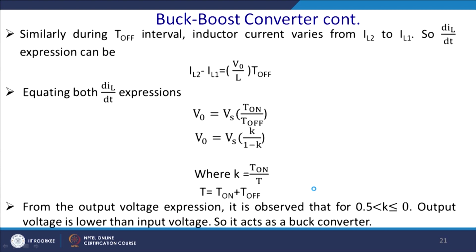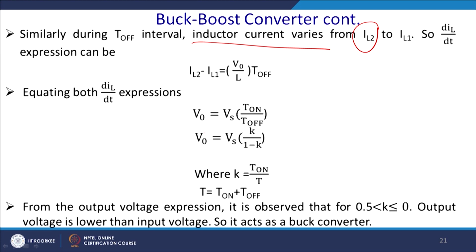Similarly, we write the equation for the T off interval. The inductor current varies from IL2 to IL1. So, dI/dt can be expressed as IL2 minus IL1 equal to V0 by L into T off, and equating both the equations, V0 equal to Vs T on by T off.